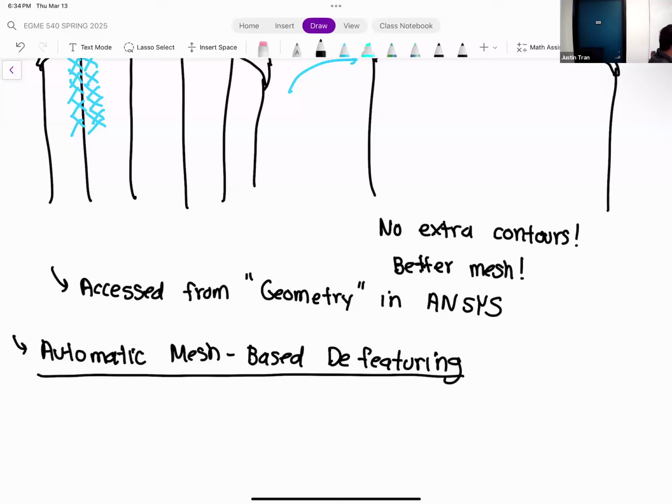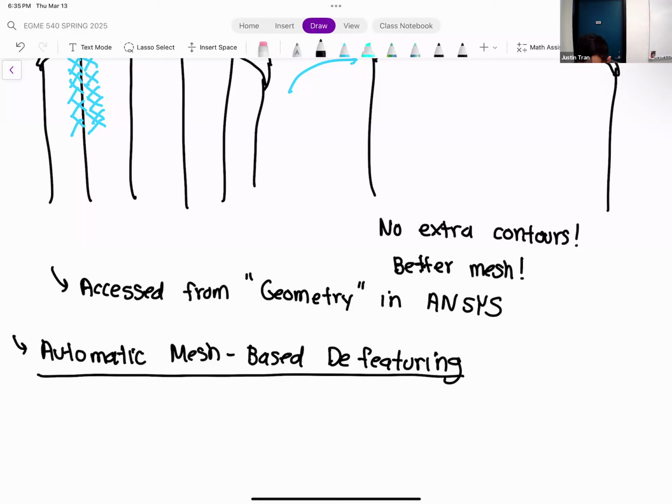With these kinds of things, you'll see that in ANSYS and in any computational software, there are some settings that are more or less automatic, which is convenient when it works, but it sucks when it doesn't work because you don't really have any control over how it's going to do things. But the idea behind automatic mesh-based defeaturing is that this lets ANSYS actively ignore features on the surface that are too small to mesh.